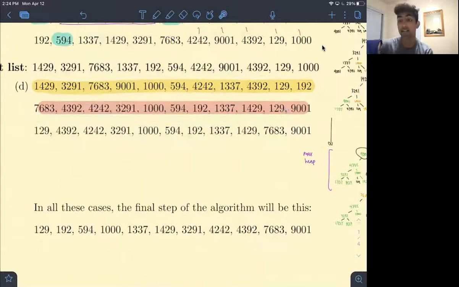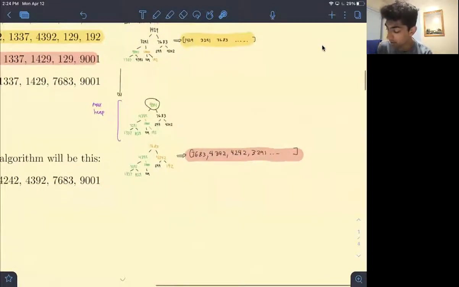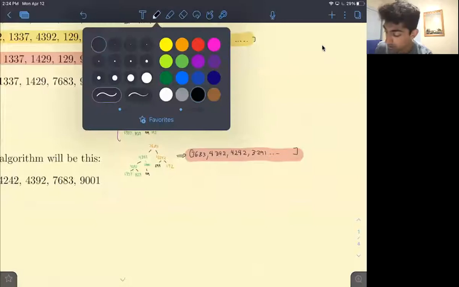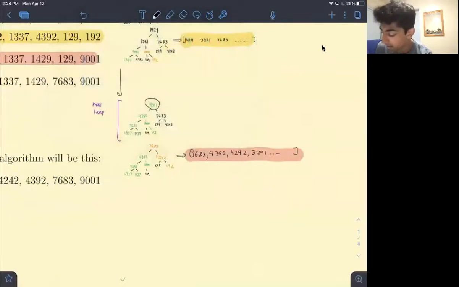Because we know that 9001 has to be the biggest element in the entire array, so we put 9001 at the end. Okay, so if we want to be really rigorous here, we can say that this is our heap, and then this is the element we removed from the heap. So the state of our entire array should also include 9001, right?